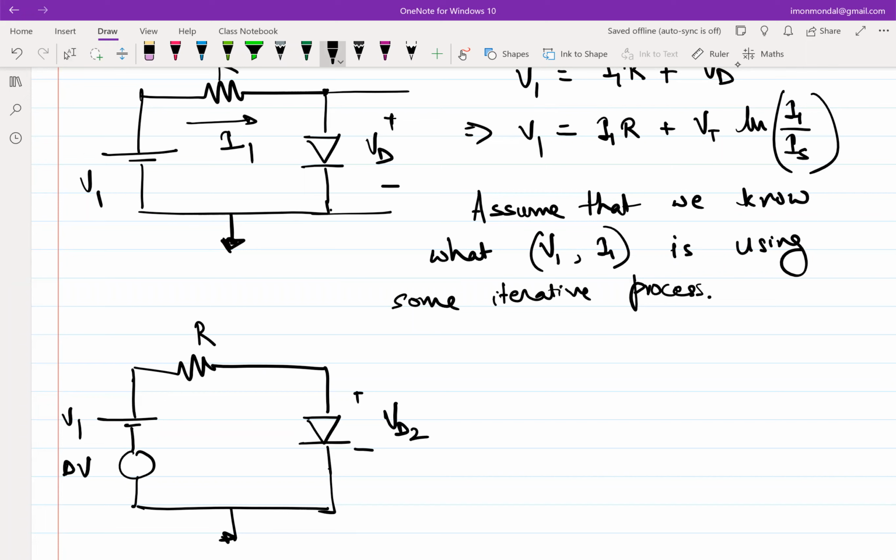This is VD2. I have a separate input voltage, so I expect a separate output voltage also, and a separate output current also. So maybe this new current is I2.